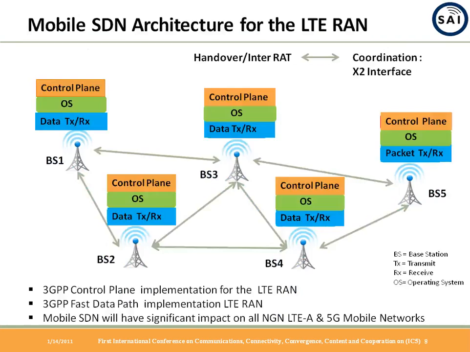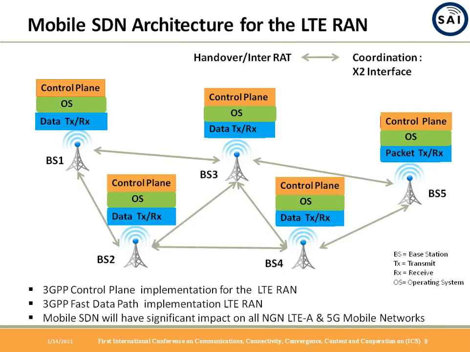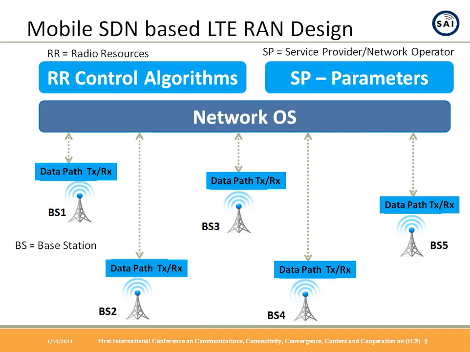Specifically, in this case, we are trying to apply the radio resource control algorithms, and also the network operator or service provider input parameters, to control the data applications like voice, data, and video applications, and so on, and enforce QoS and priority mechanisms, even at the server software level implementation, to ensure that all these spec levels will be met.